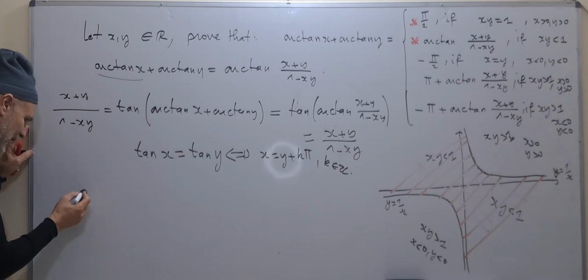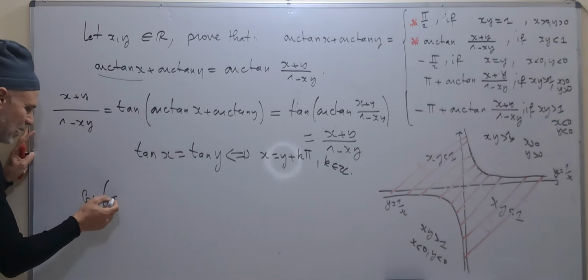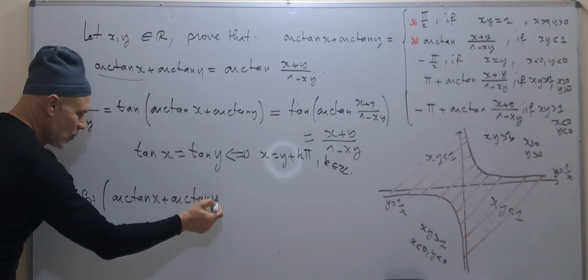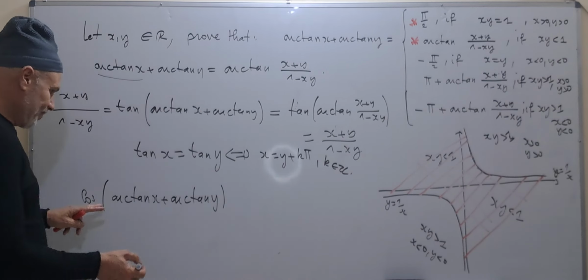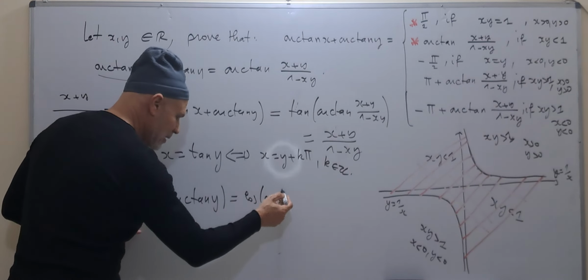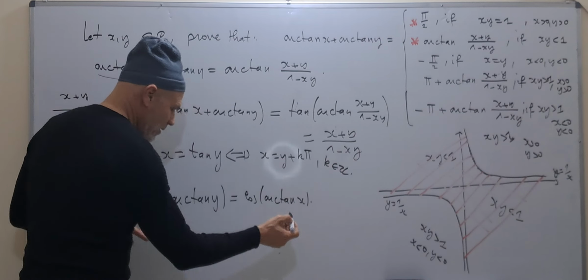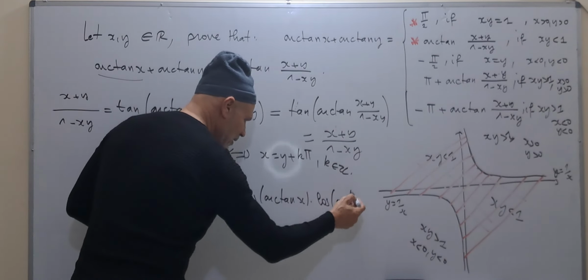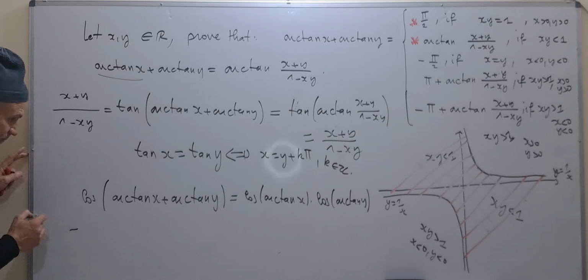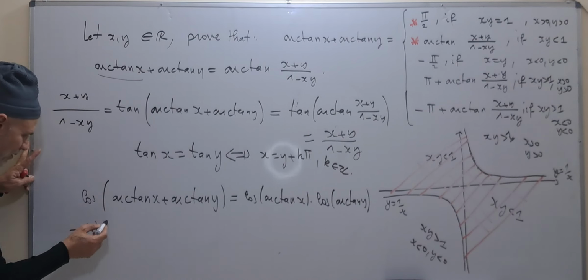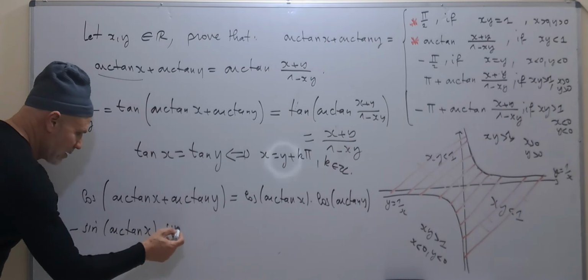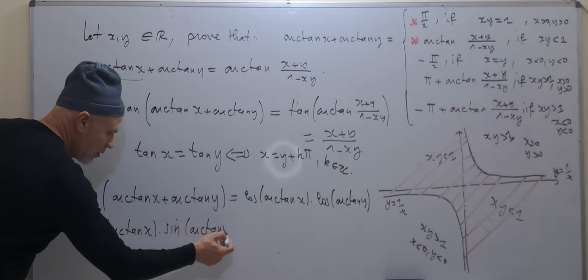So, cosine of arctangent x plus arctangent y is equal to cosine arctangent x times cosine arctangent y minus sine arctangent x times sine arctangent y.